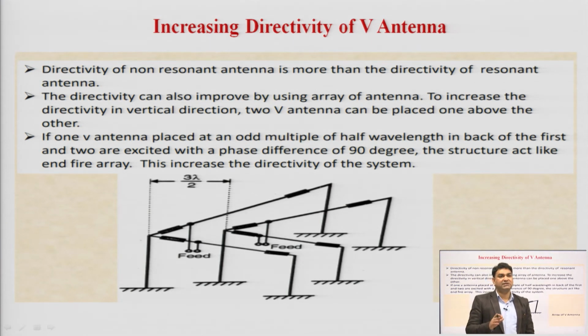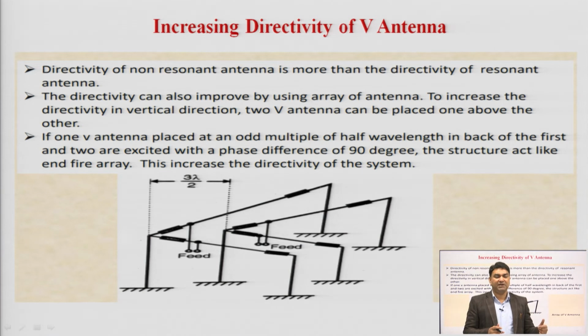So, we can say the directivity can also be improved by using an array of antennas. Array is a word in antenna theory which is used to enhance the directional characteristics of an antenna system by combining two or more similar kinds of antennas with each other.